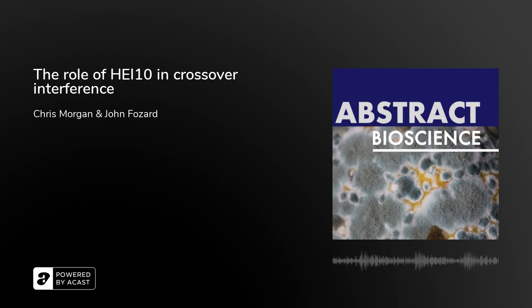Given that that is such a conserved feature of meiosis, I think this coarsening model certainly should be able to explain crossover positioning in a pretty wide variety of different organisms.